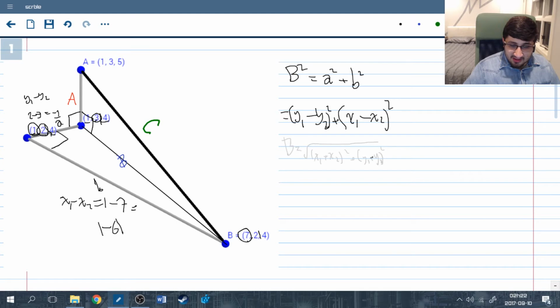I'm just going to erase all of these and make things a little easier. And in terms of the actual numbers, this is going to be equal to 1 squared plus 6 squared, which is going to be 1 plus 36, which is going to be 37. Yes, that is our b.